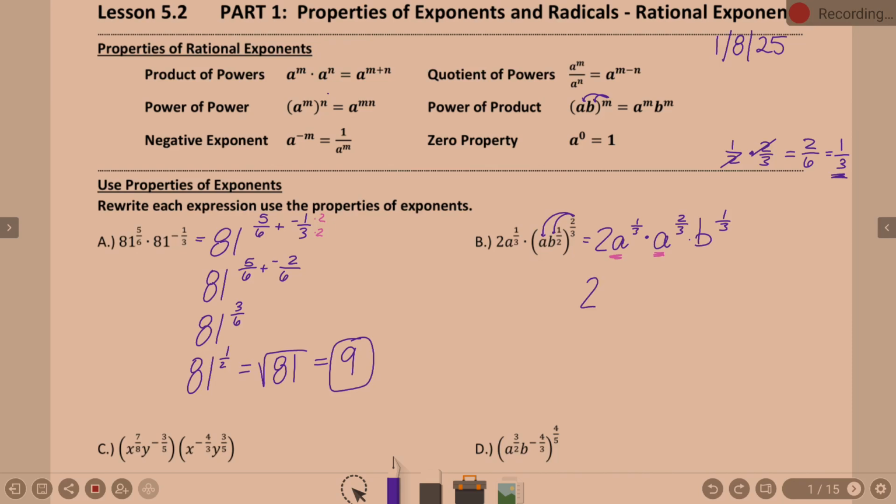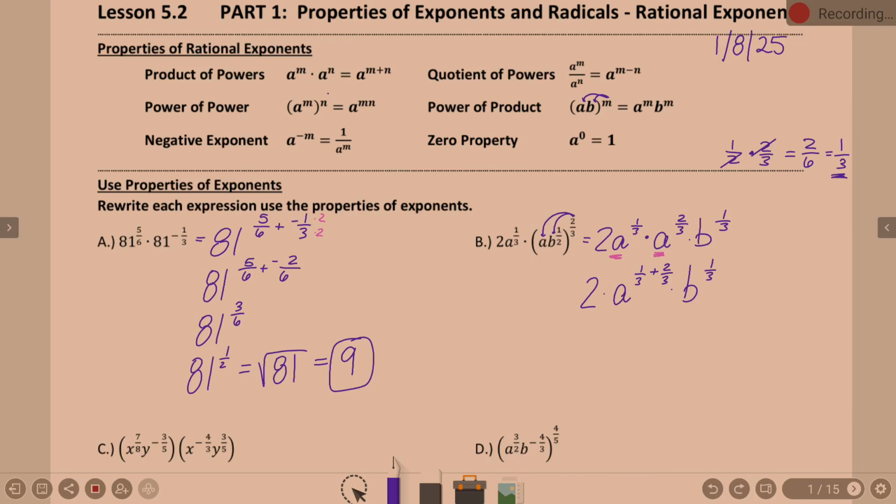I'm going to keep the 2. A is going to become, what do I do with those powers? Add, right? If you're multiplying and the bases are the same, we're going to add the powers. So we're going to add 1/3 plus 2/3. And you don't have to write this step if you just want to jump to the final answer.